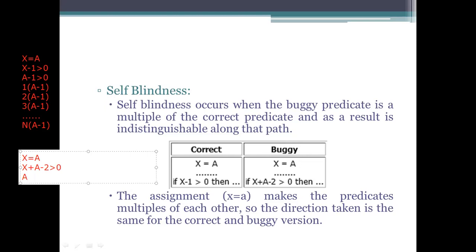What is x? a, plus a is already there, and minus 2 greater than 0. Process this one: 2a minus 2 greater than 0. So make the 2 a common factor for that one, then a minus 1 greater than 0. Actually, the expression is x minus 1 greater than 0.